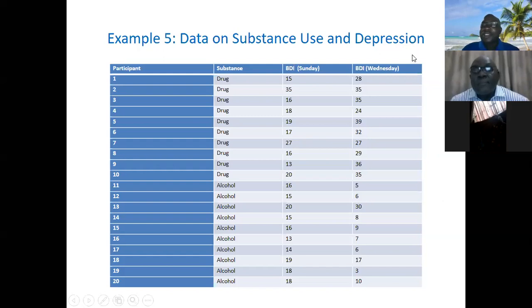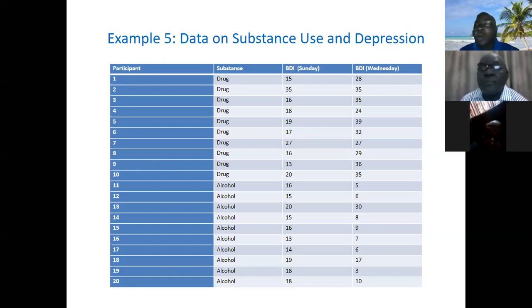And the one you now select, you know there are two groups. You rank them irrespective of which group they belong. You combine them, 10 and 10 make 20, and we rank these 20. The numbers 1 to 10 belong to drug, and 11 to 20 belong to alcohol. This one is talking about substance use.